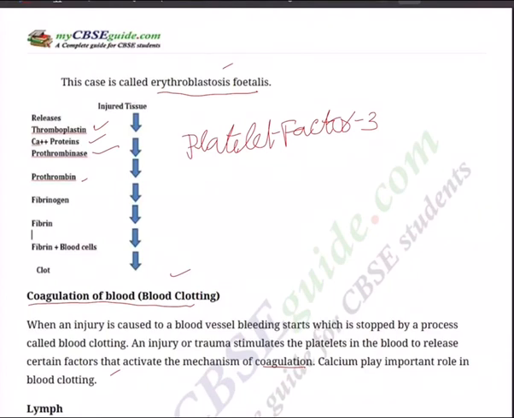Thrombin brings about depolymerization of fibrinogen into monomers. Later, thrombin stimulates repolymerization of these monomers into long insoluble fiber-like polymers called fibrin. So fibrin will be formed.